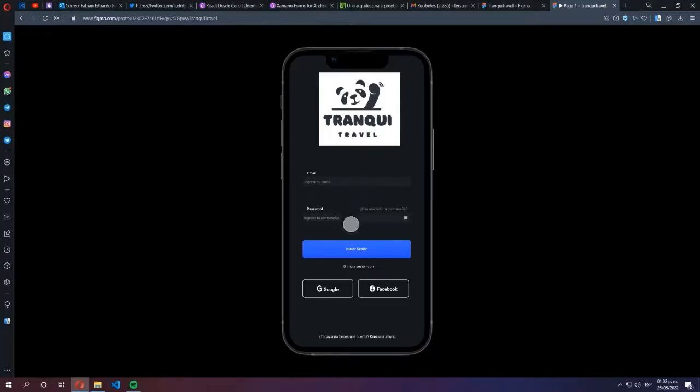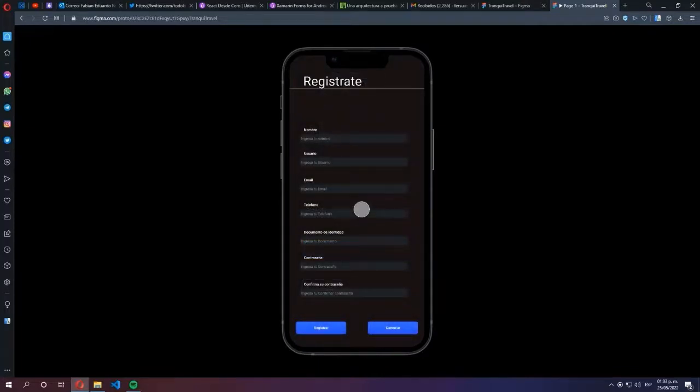As the first screen, we have a typical login with the login options through Facebook and Google. We also have the option to register. In this form will appear with the requested data, and obviously we have to fill the form.